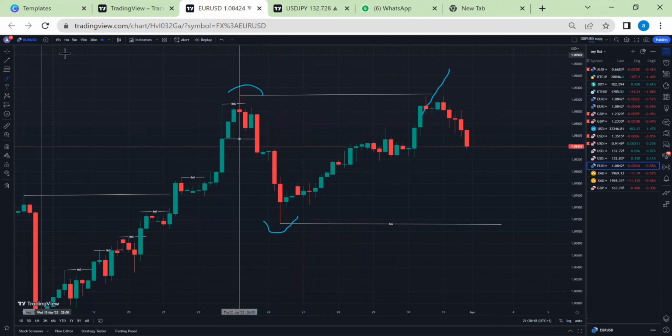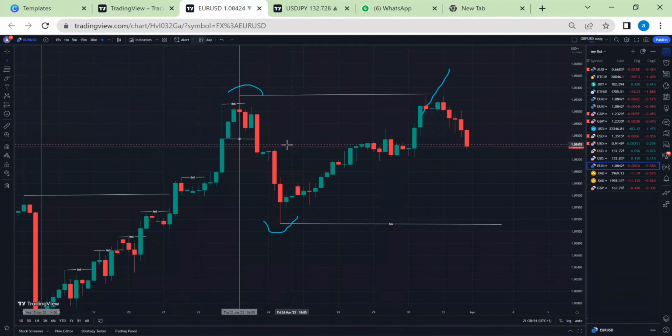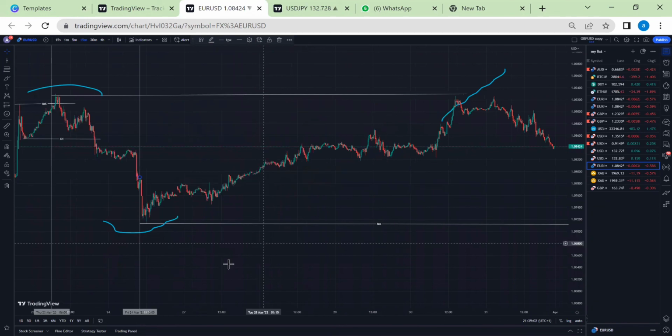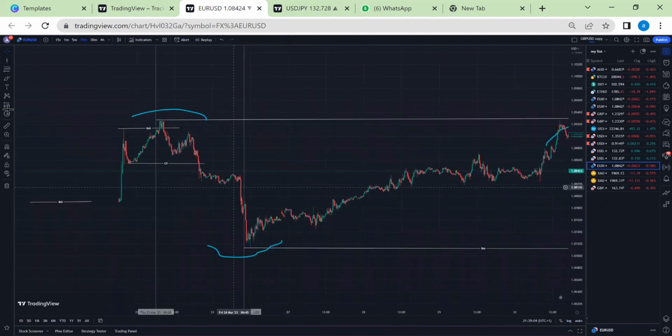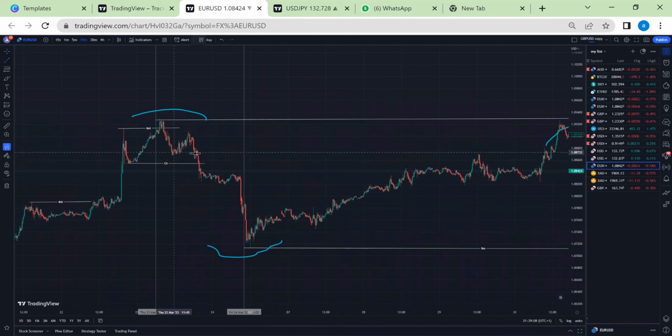Now we'll go to 30 minutes time frame. Let's put our lines first so that we will not get lost. So it started from here, right? And it ended here. So let's see what happened between here and here on 15 minutes time frame. Can you see from that point we were having BOS right here?